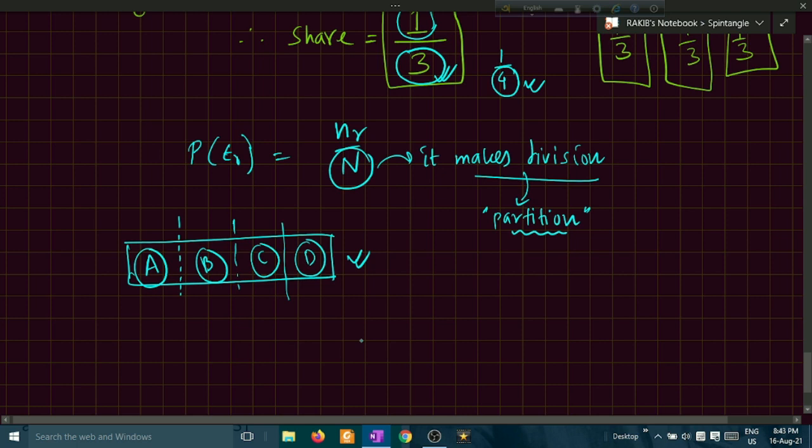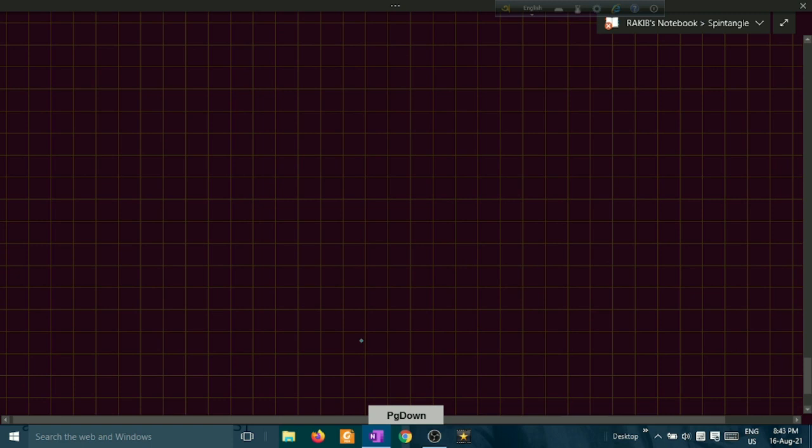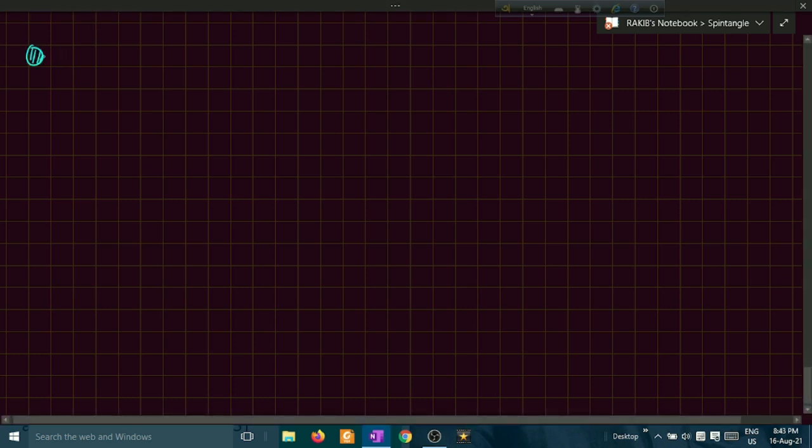Okay, so this is the partition function, and we will learn how to write the partition function. Now we are going to the relation between partition function, just wait for a while.